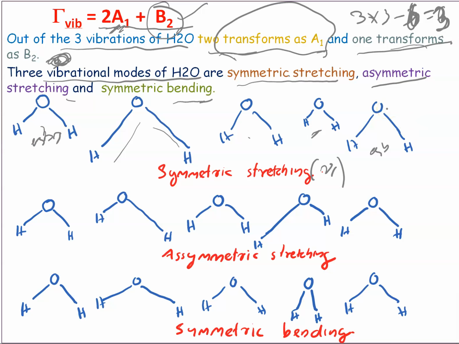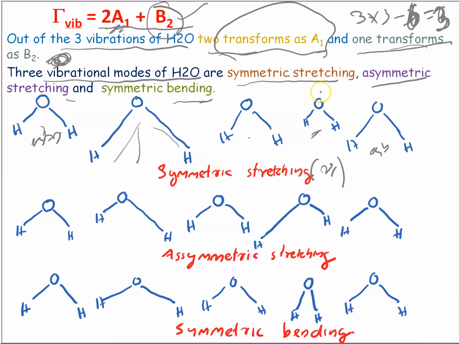If you consider all are symmetric, therefore in the case of all the operations, any one of these transforms with no change in orientation. That is C2. If we apply C2 here, we get the same configuration, no change.